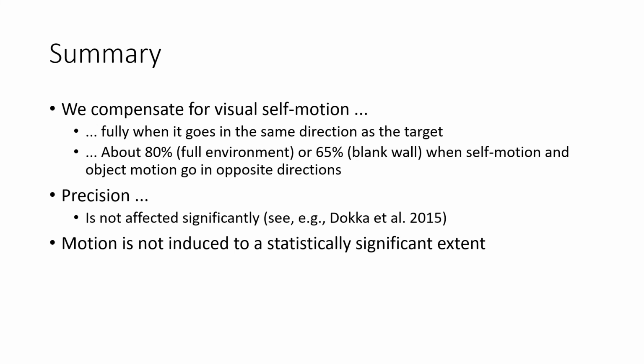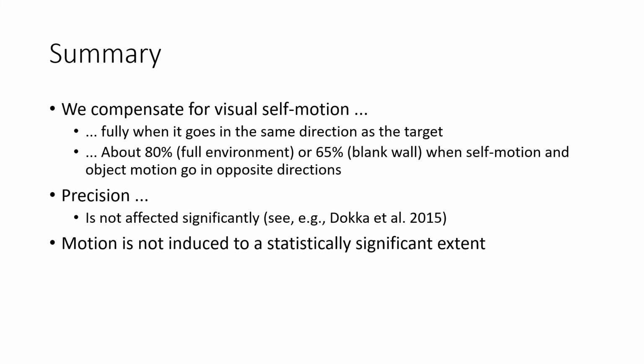So there was a smaller component of motion in depth to this movement. And especially in VR, it is known that depth, and with that also motion in depth, are often underestimated. So that might be a reason for this observation.